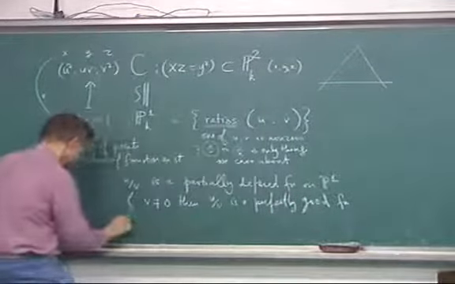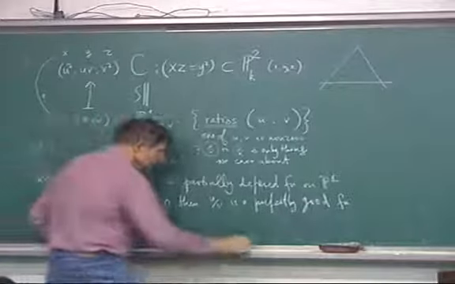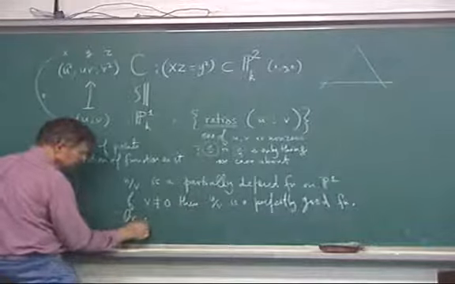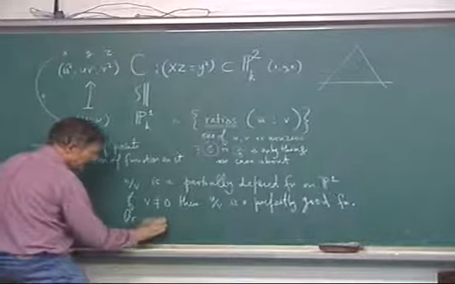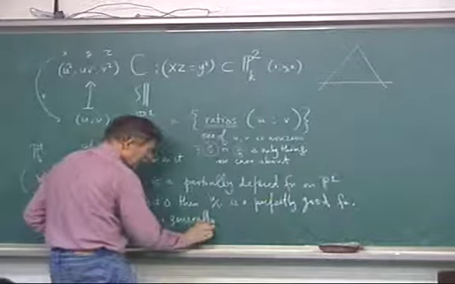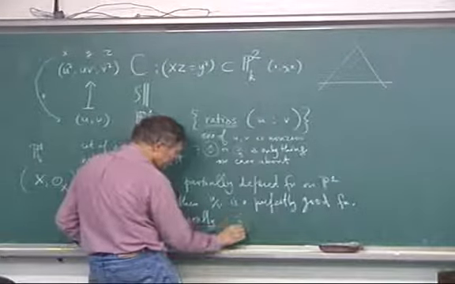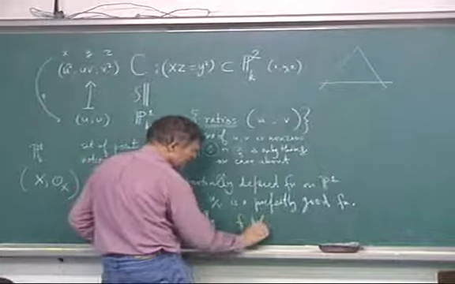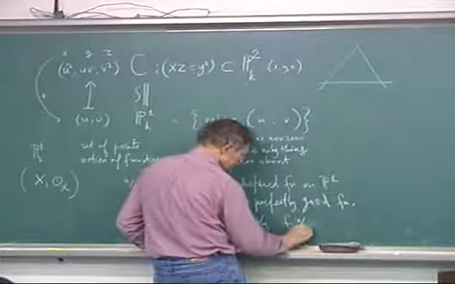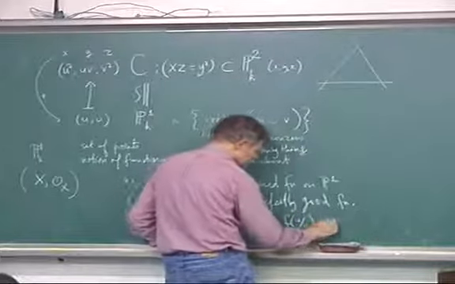Or more generally, if f is a polynomial, then f of u over v is a function.